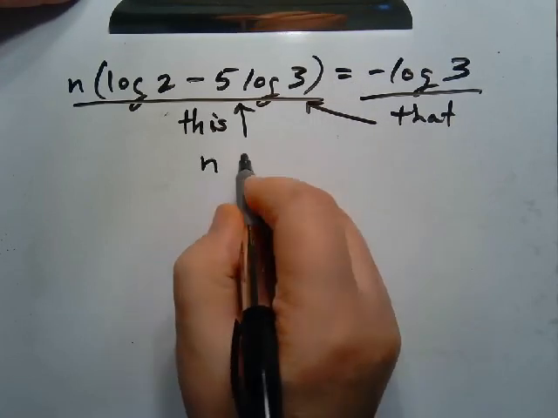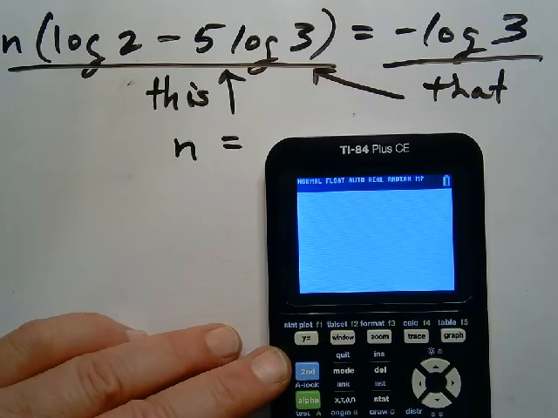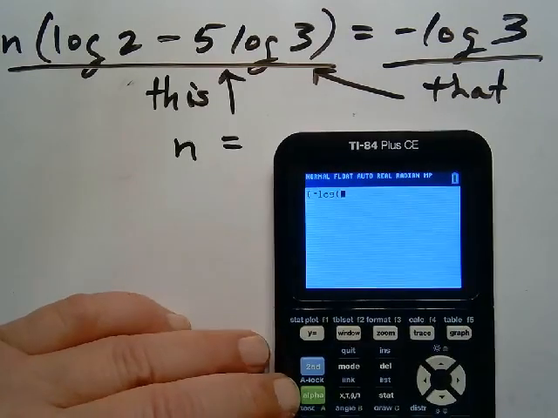So I'm just going to grab my calculator and divide this out. All right, so we're going to take and divide, use a parentheses, negative. Make sure you use the negative button here and not the subtraction button.